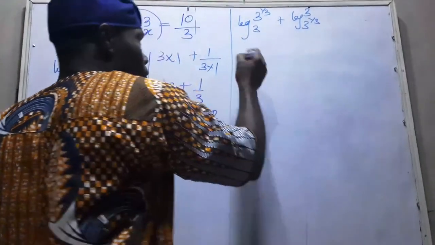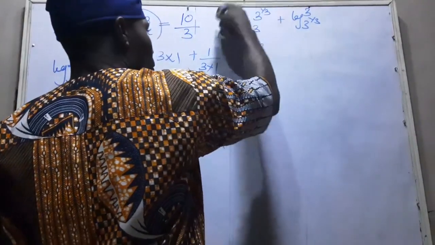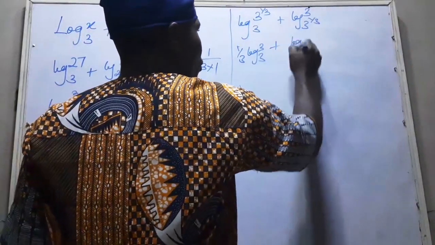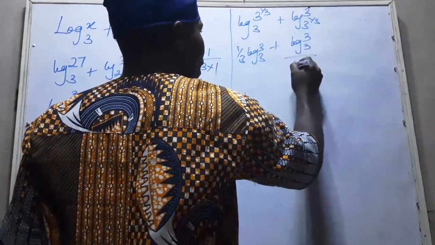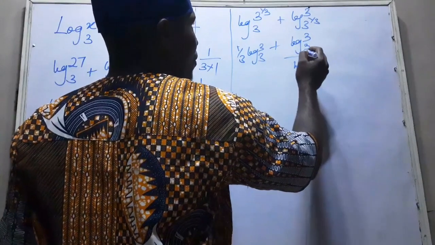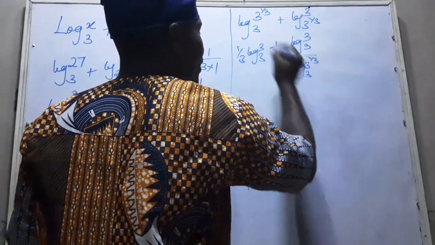So now let's apply 1 over 3 log 3 base 3, because this one will come down. We come to this side. Let's change the base: log 3 base 3 over log 3 raised to power 1 over 3 base 3.